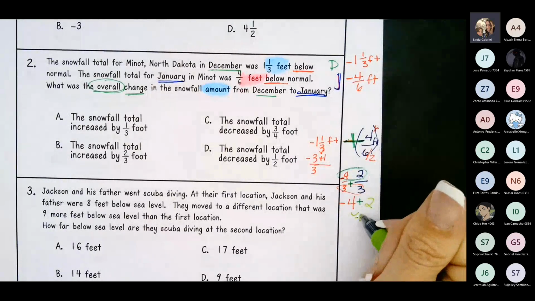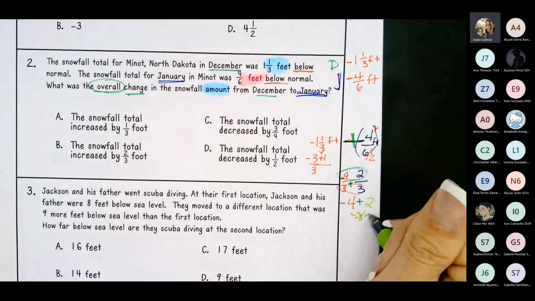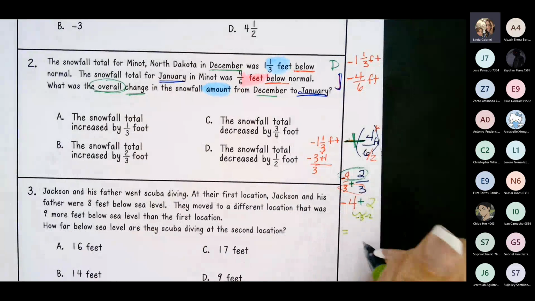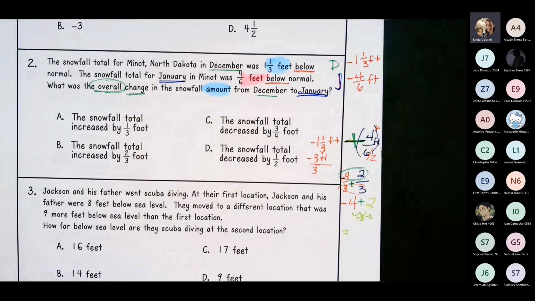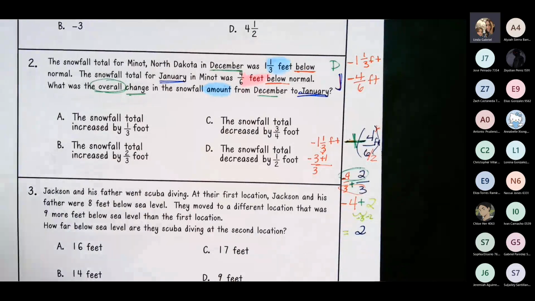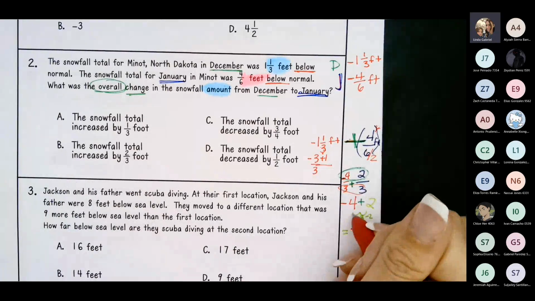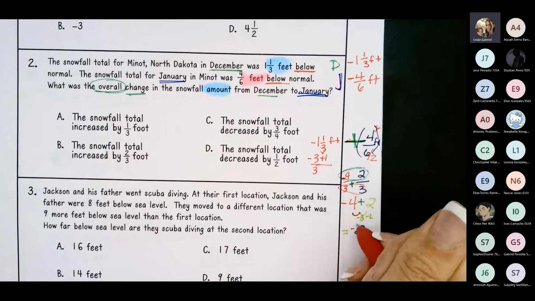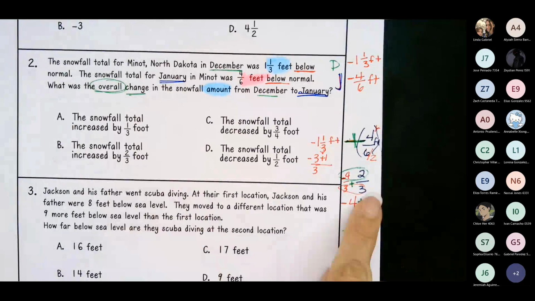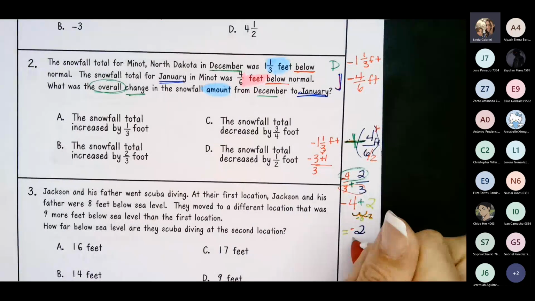So -4 plus 2 is equal to, positive, sorry, it is equal to -2, right? So I went -4 plus 1 is -3, plus 2 is -2. Then I need to make sure that I keep my denominator.